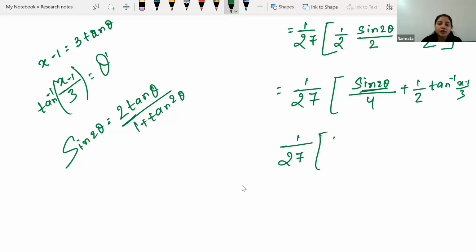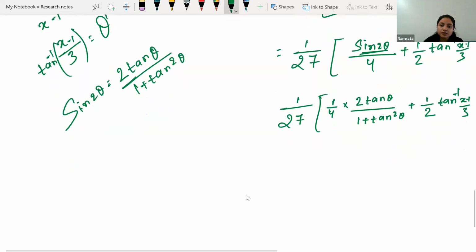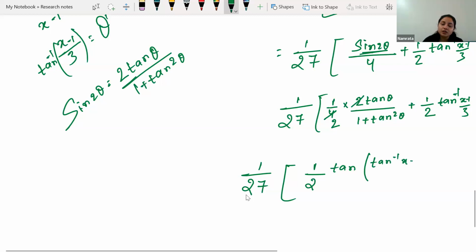1 by 4, let me write it over here. Sine 2 theta, I'm going to write as 2 tan theta by 1 plus tan square theta, plus 1 by 2 tan inverse. This 2 will cancel out. 4 will be there, and tan of theta, that means tan inverse (x minus 1)/3.